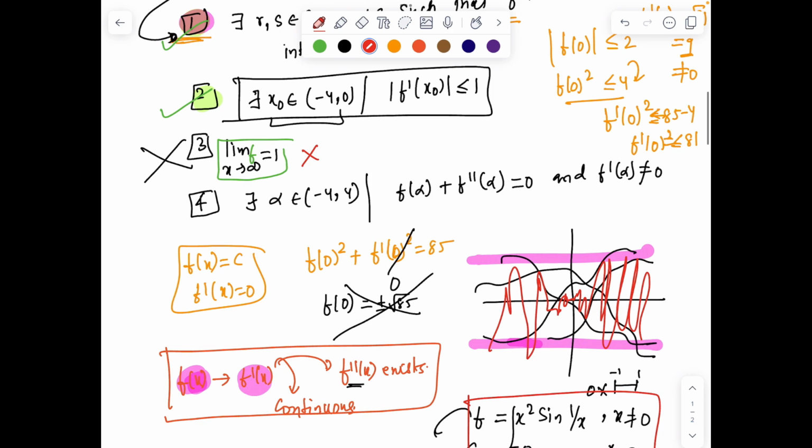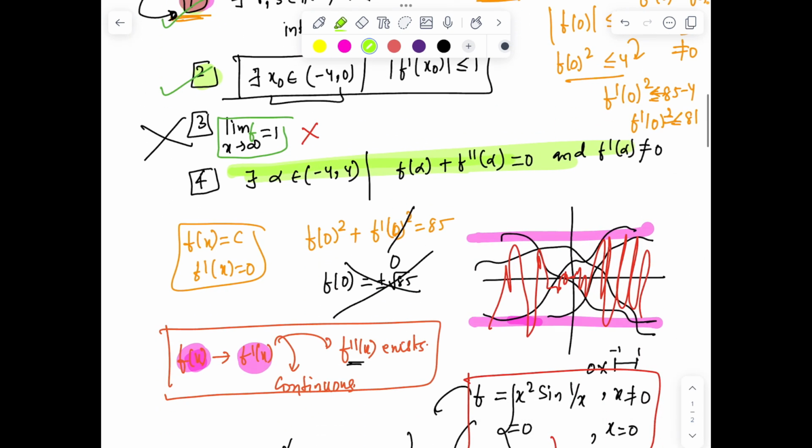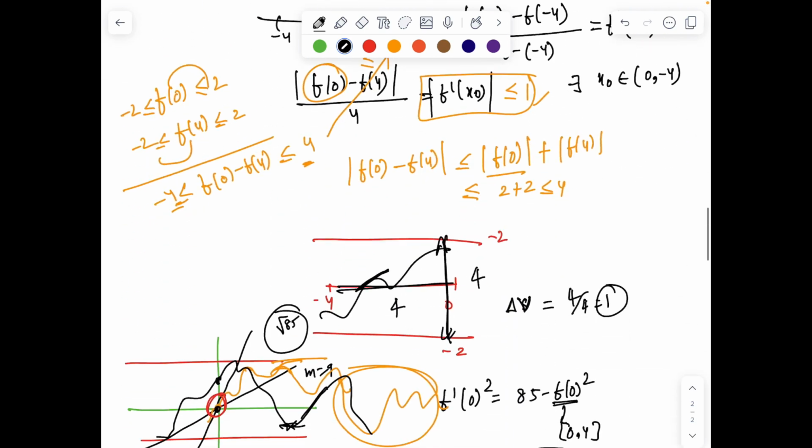Otherwise it was obvious. Now the most technical part of the question was, I think, the first option, which was loosely understood by most of the solvers, even by most of the faculties here unfortunately. And the fourth option, where there exists some alpha from minus 4 to 4, such that f plus f double dash alpha is 0 and f dash alpha is not 0.